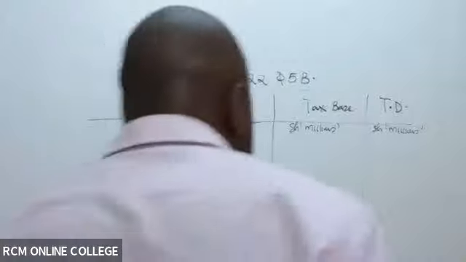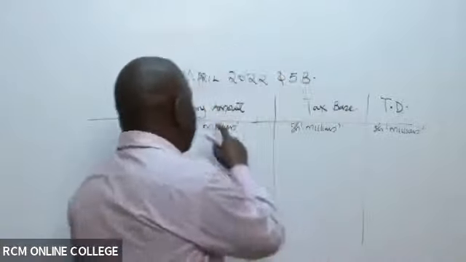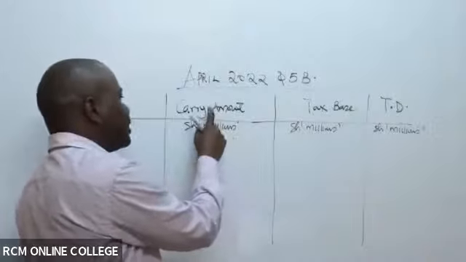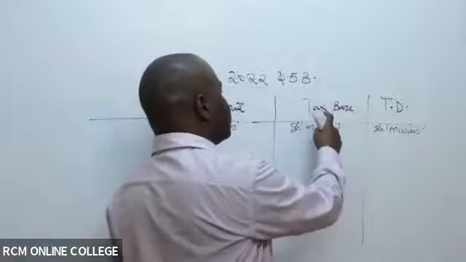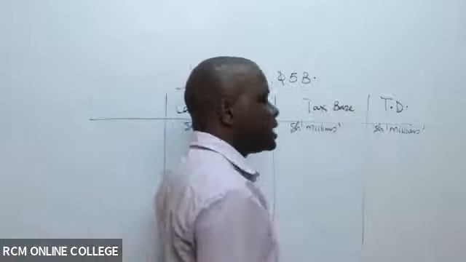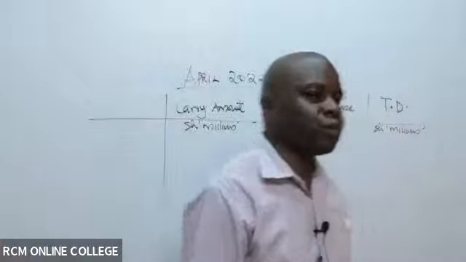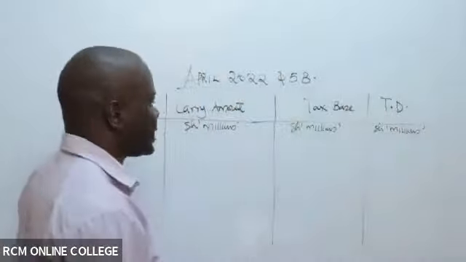The carrying amount is the amount the accountant considered in the books of accounts. But the tax base is the amount the taxman will consider whenever, for example, determining how much will be paid as tax.